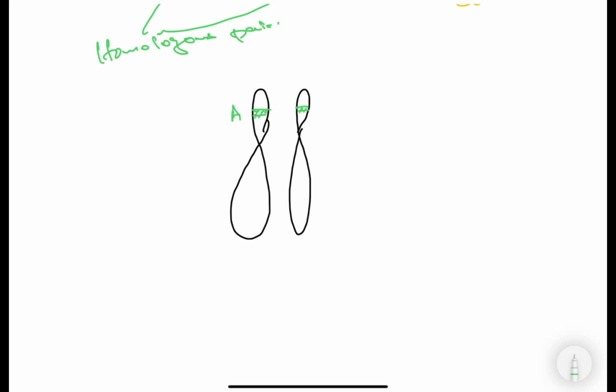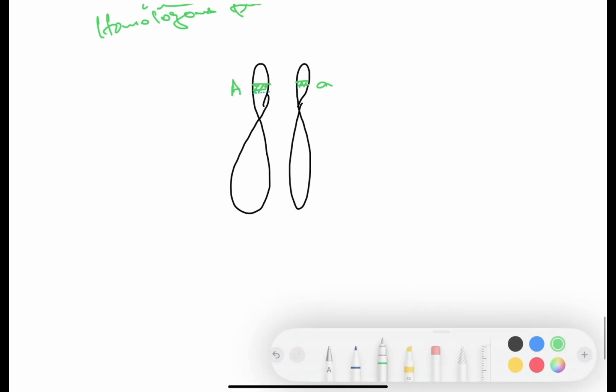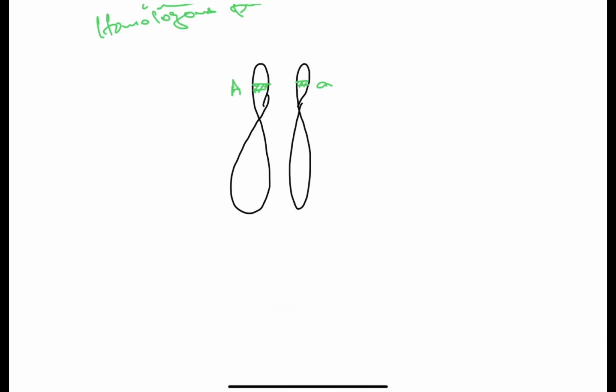Also, it's not necessary that an alternate form of a gene will be present in the two different chromosomes. Suppose B is taken this position, it is not necessary that small b will be present here, capital B can also be, the same gene can also be present here. Another gene, say gene D, can be present here.